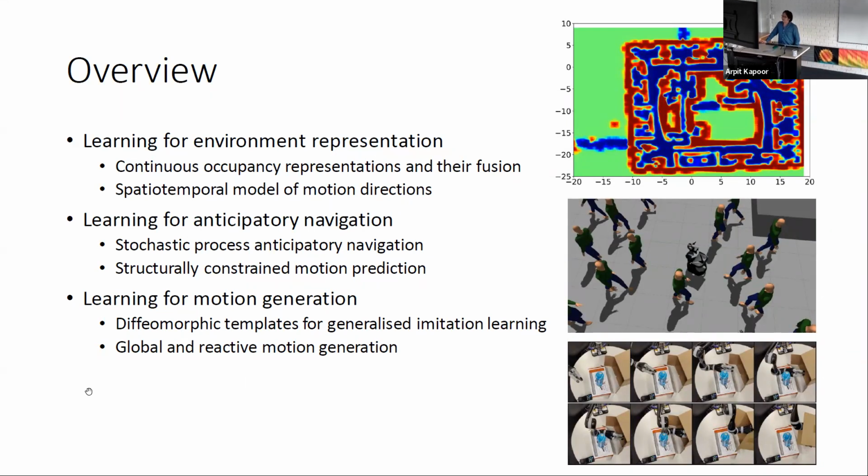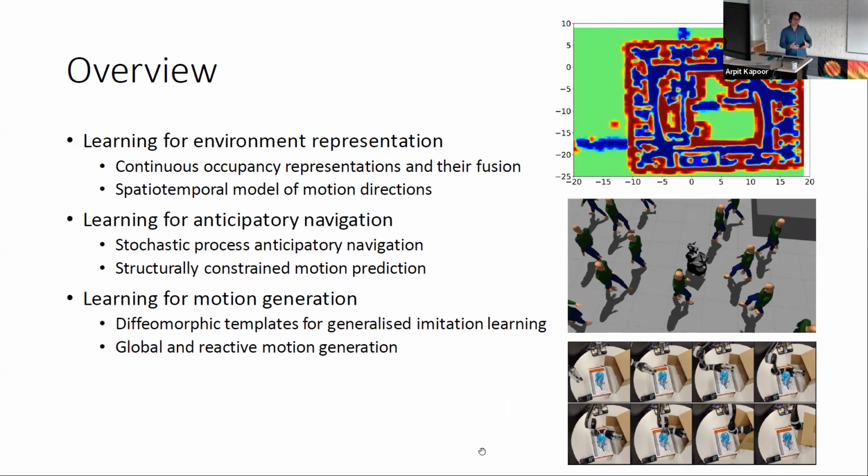And the last area that I'm going to be talking about is motion generation for robot manipulators. This is probably oftentimes what you envision a robot to be, right? A robot arm, fairly high degrees of freedom.